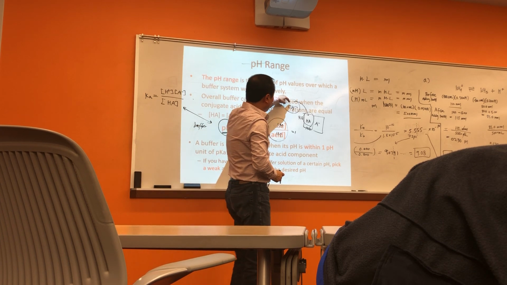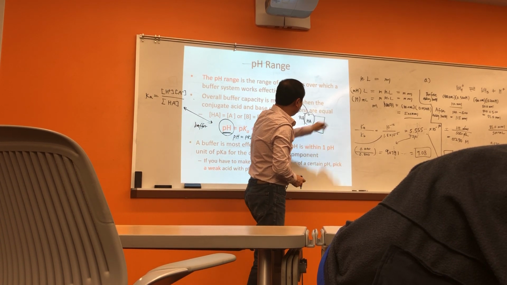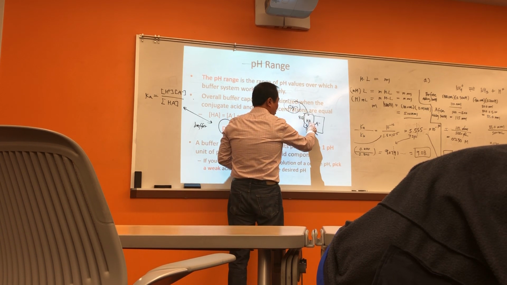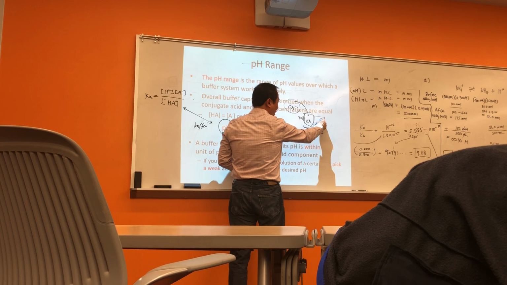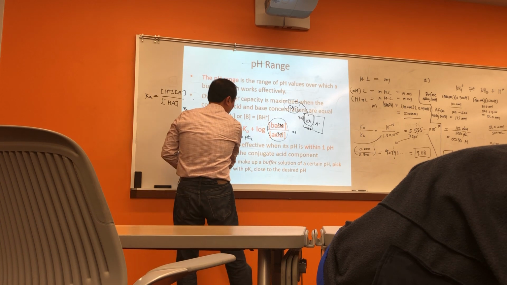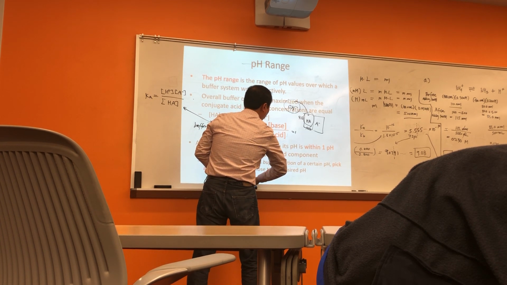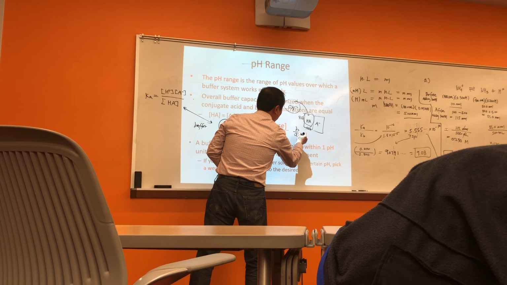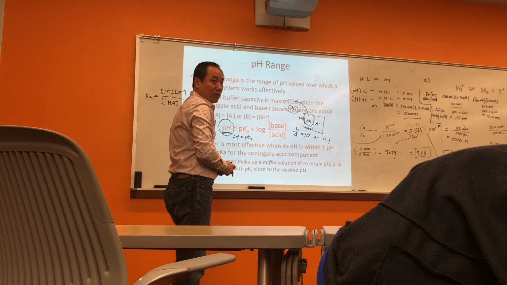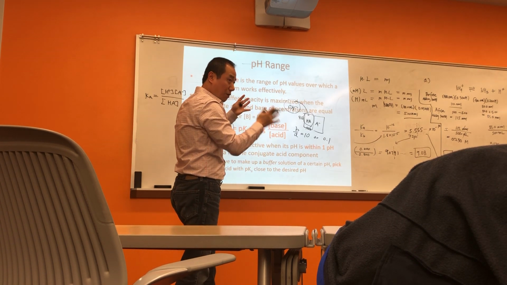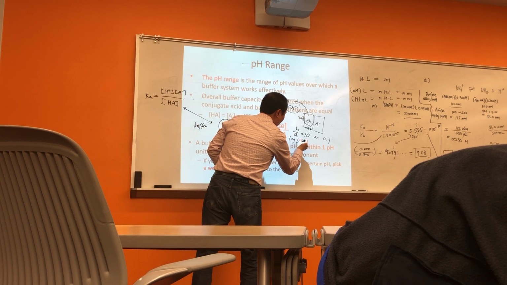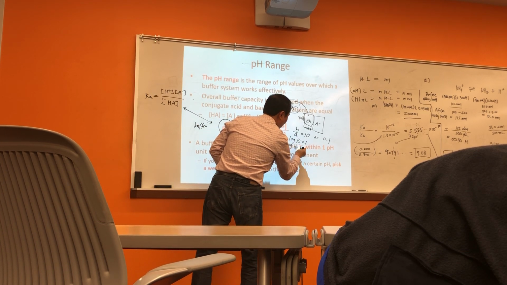But if you receive a lot of base or a lot of acid, and they use up a lot of them, and it happens that the imbalance is such that one is 10 times greater than the conjugate pair, then this ratio might be either 10 or 1/10, right? If you take the logarithm of this, log of 10 is 1, log of 0.1 is -1.